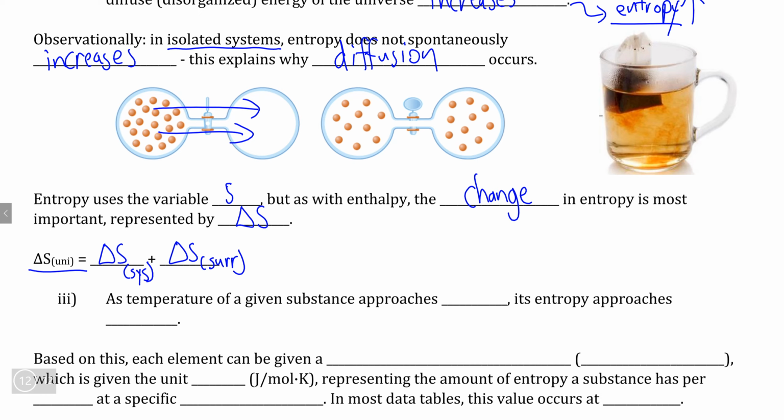Or if a reaction consumes entropy, it's going to absorb entropy from the surroundings in order to drive the reaction within the system. And this is what we mean by delta S.